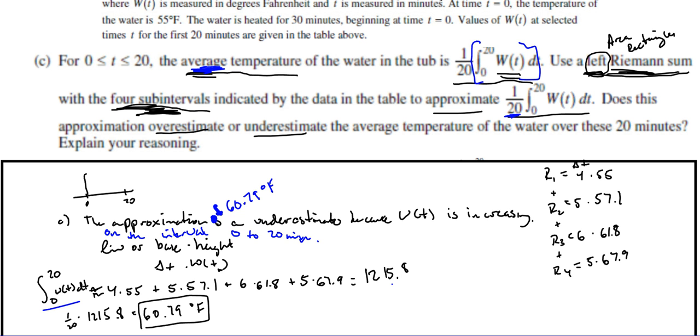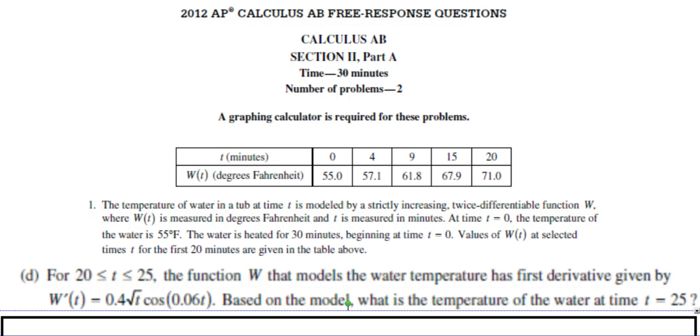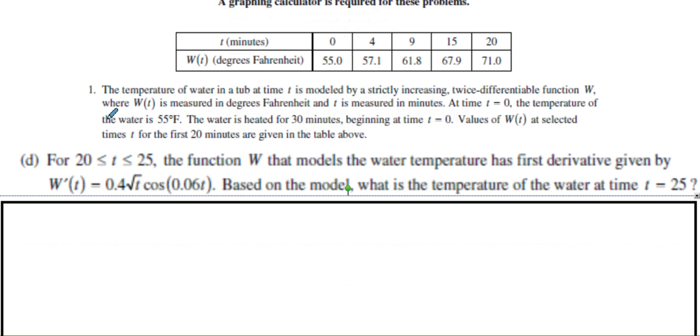All right, final problem, final question. Right here, it says for 20 to 25, the function W that models the water temperature has a first derivative given by this. So here's our first derivative. Based on the model, what is the temperature of the water at time t equals 25?